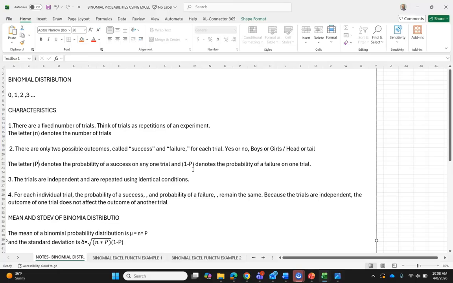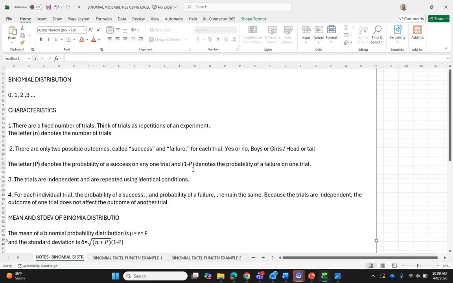We look at success, and the complement of success is failure. The probability of success plus the probability of failure equals 1, because we have exhausted all the possibilities. If we know the probability of success, to get the probability of failure we take 1 minus the probability of success. We learned this when we discussed the complementary rule of probability. So that's the second characteristic.